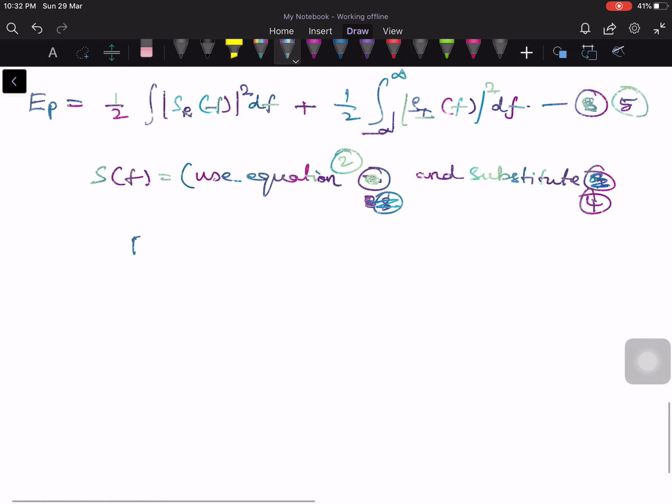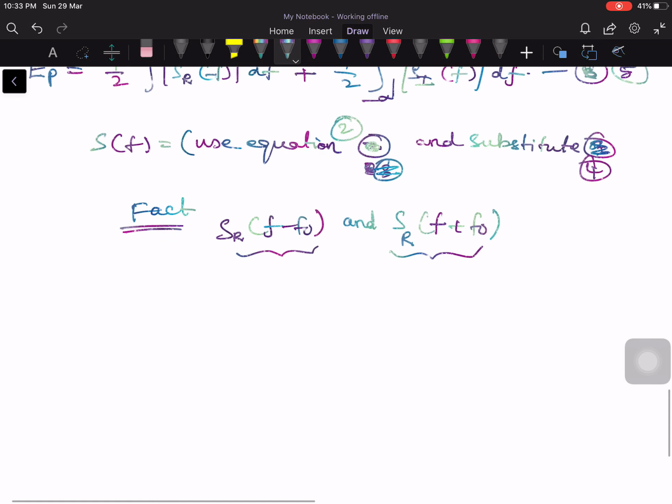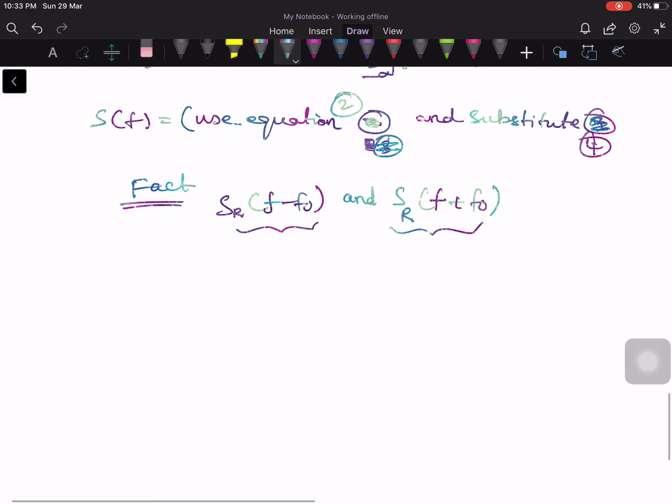Use the fact that S_R of f minus f naught and S_R of f plus f naught will have no overlapping component. So when you come across the product of these two, the product will be equal to 0. Making use of this kind of identity, and after some simplification, you will get this equation.